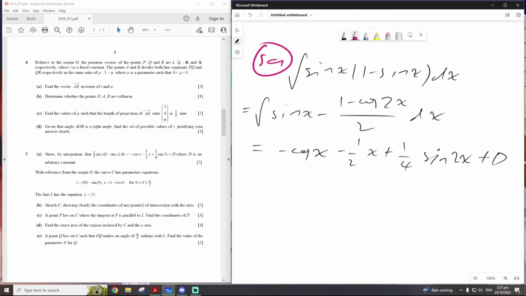We have parametric equations. I think this is the cycloid curve. Let me just get my GC. Oh, this is not the cycloid curve, but it is a bit related.